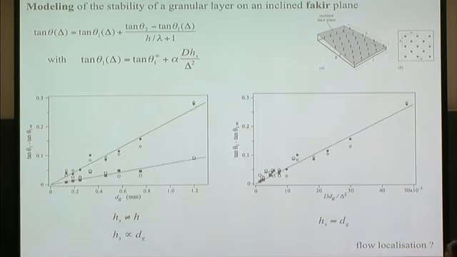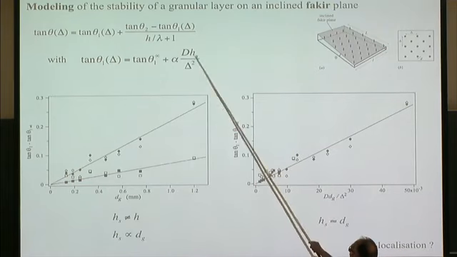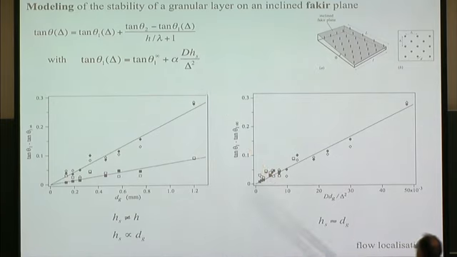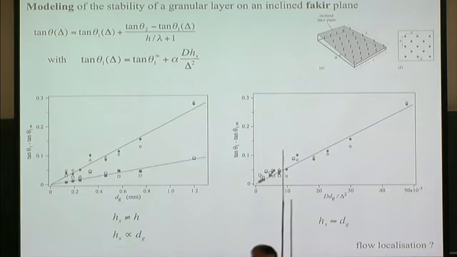And so if we replace HS by dg, the grain diameter, and plot this difference as a function of this ratio, we see that all the data collapse on a master curve. And the question is now, where does this flow localization come from?